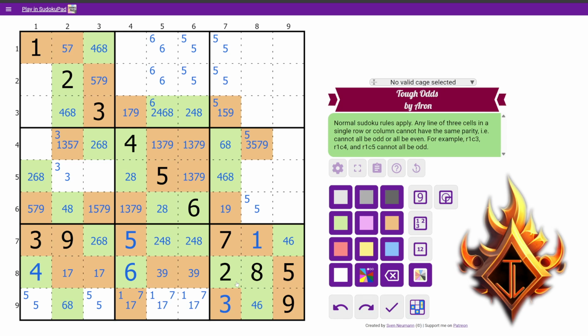What do I need to think about here? Mapping digits around. Of ones. One can go there. Or what if the one went here?